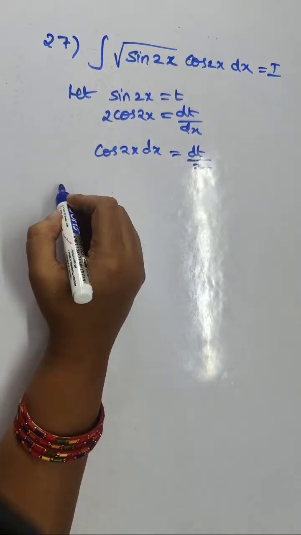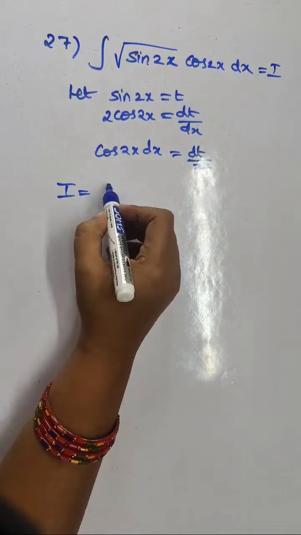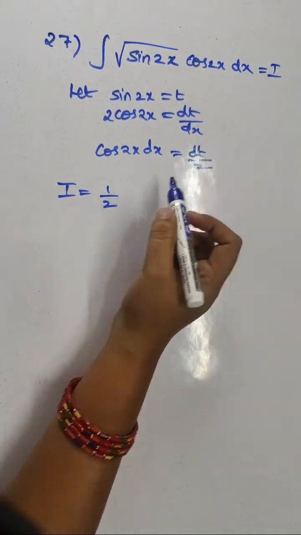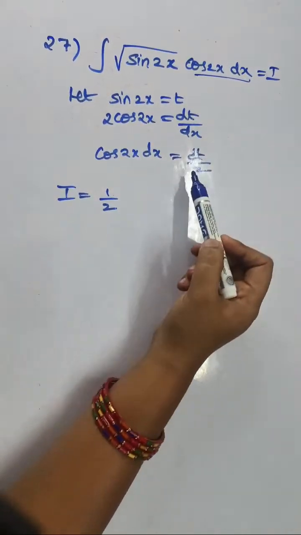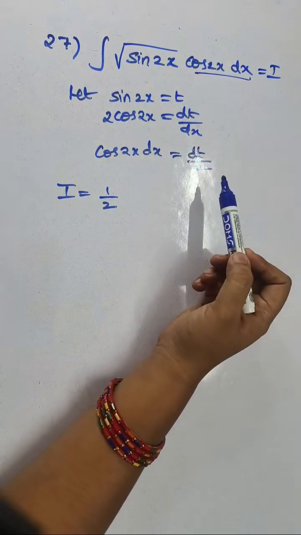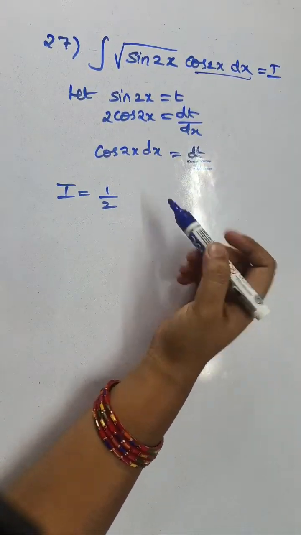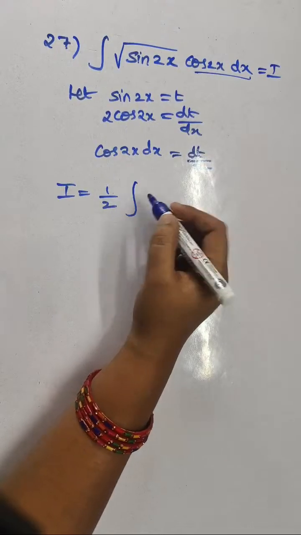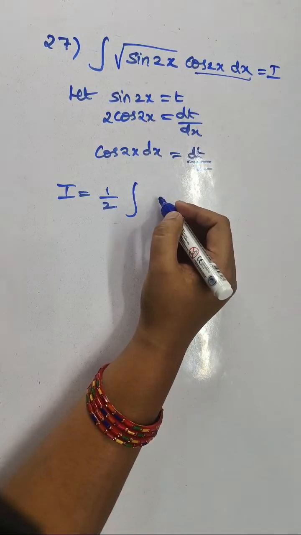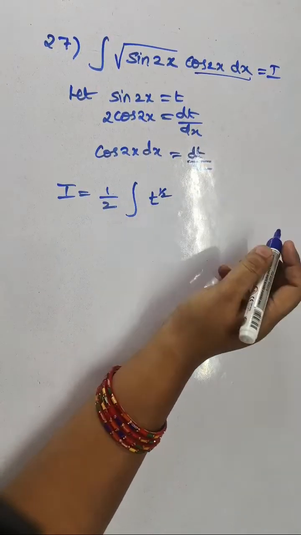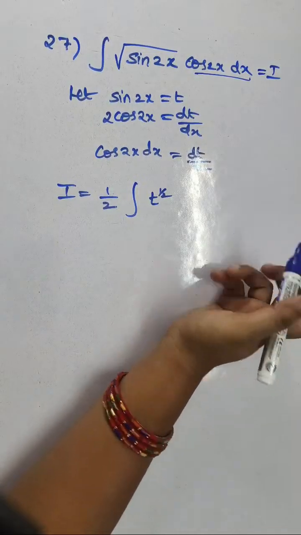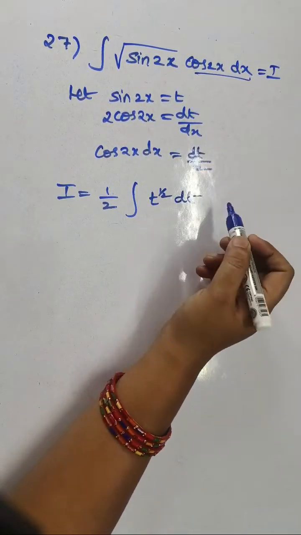Now the given question can be written as 1 by 2, because cos 2x dx can be written as dt by 2. Since it is in product, we can take that 1 by 2 to the outside of the integration, and in place of sin 2x it is t. You can write it as t power half or root t, both mean the same, into dt.